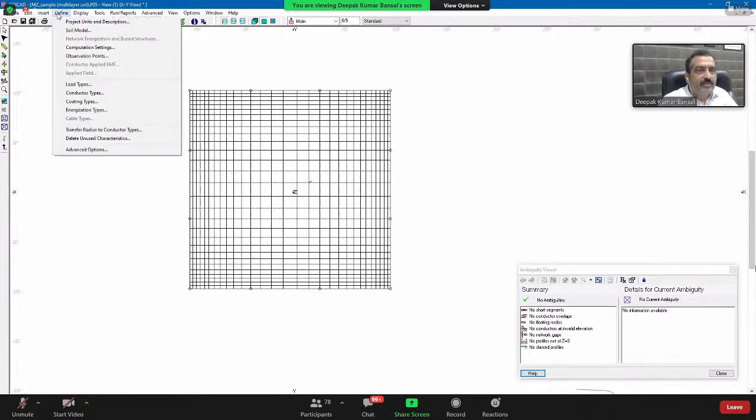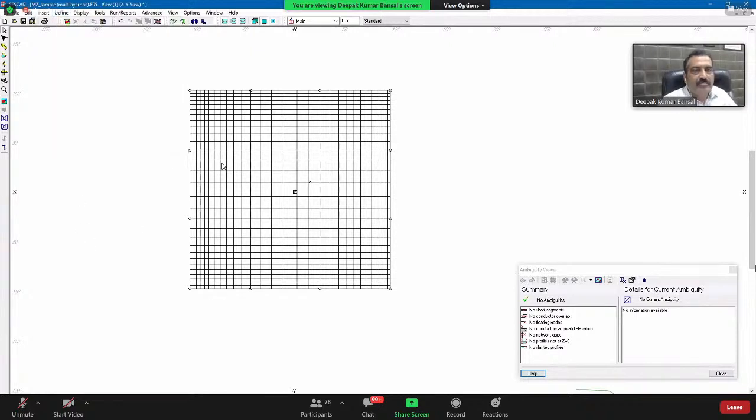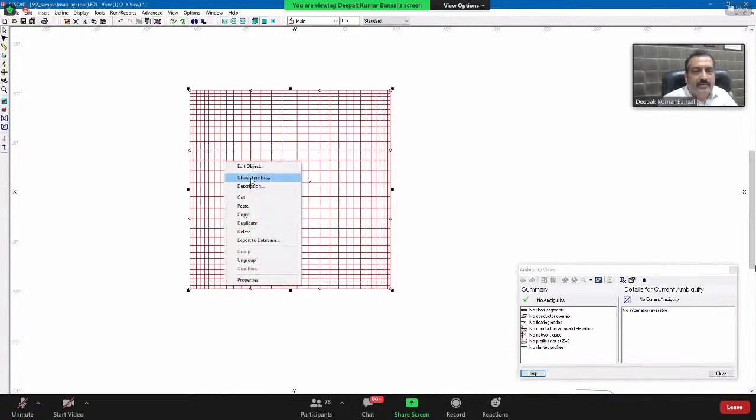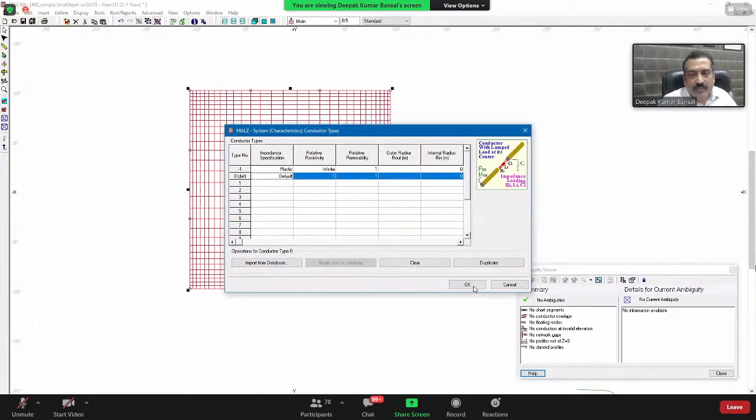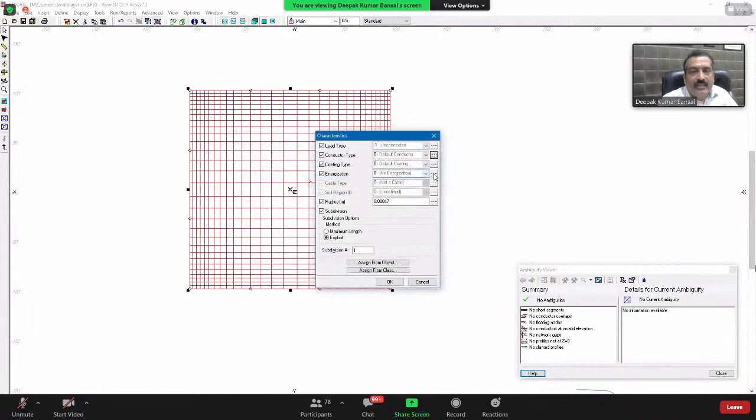So we have defined the soil model, we have defined conductors, and we have defined the size of the conductors here. This is a radius in meters, and we can define the type of coating, the default type of conductor, but MS or copper we can define here. We can energize that. I will do it afterwards.